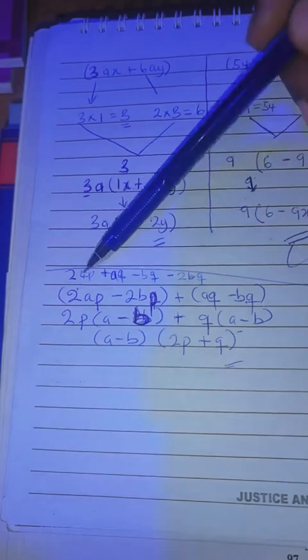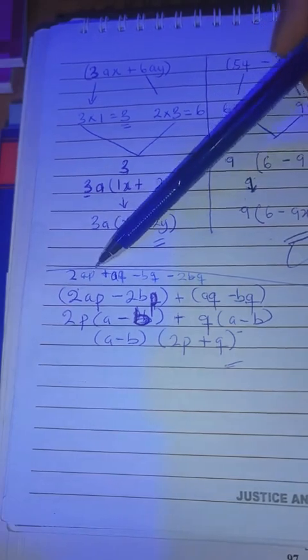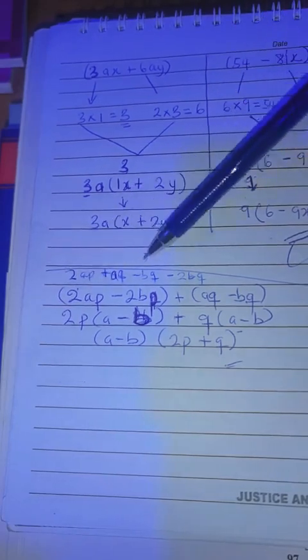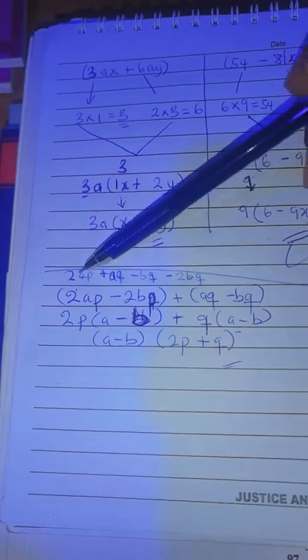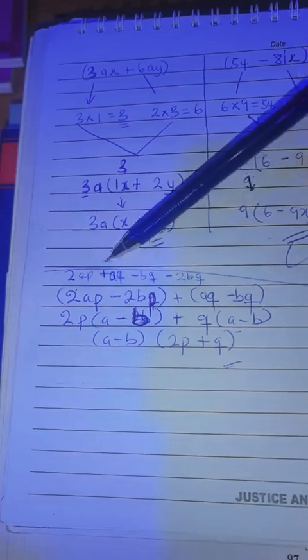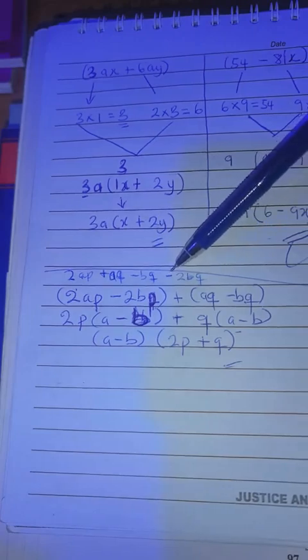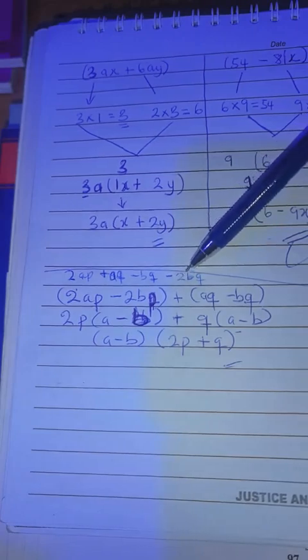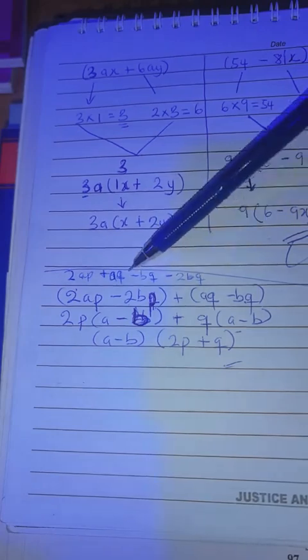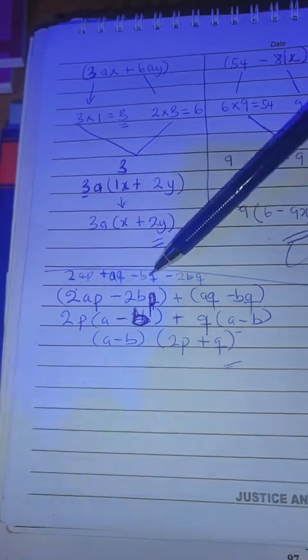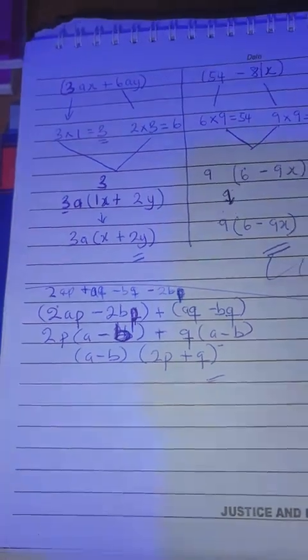So now we have 2AP, sorry. Now if you look at this, AP, where can I find any of the letters AP appearing again? I can see it here. What is the P? Wait a minute. Yes, right.